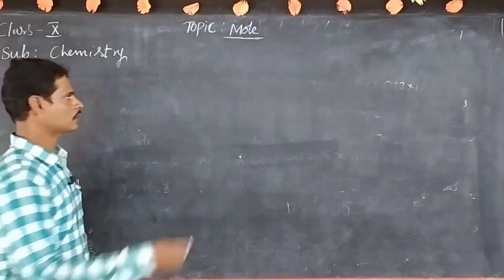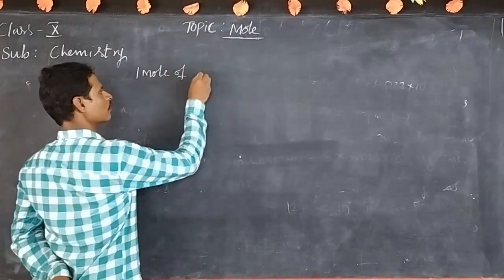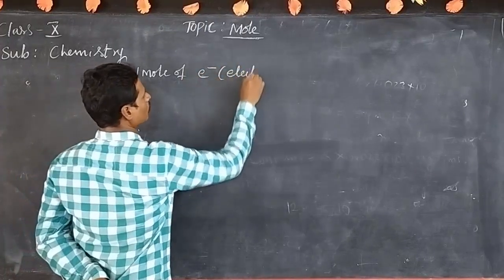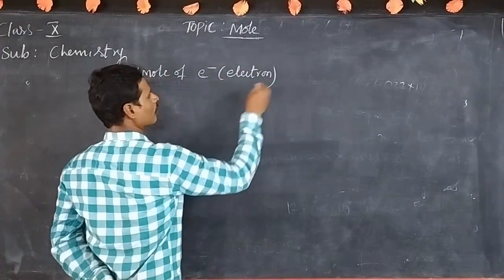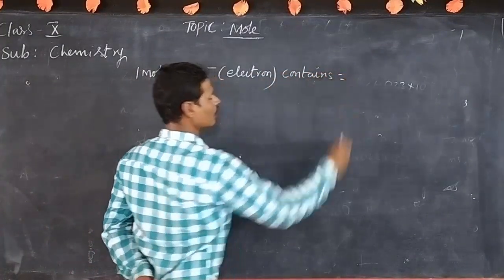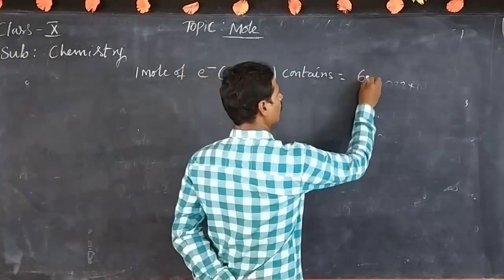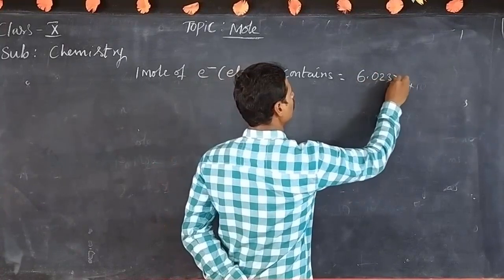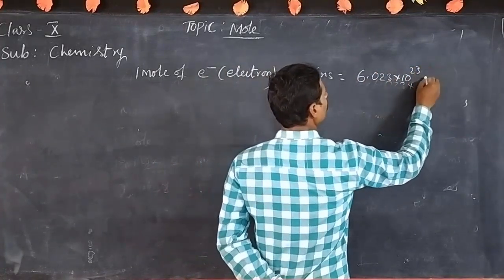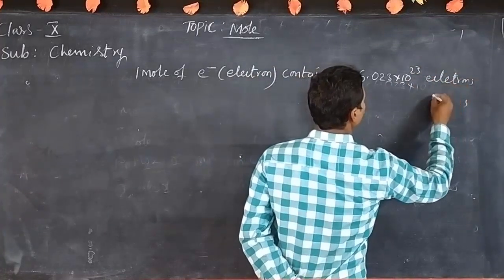Another example. 1 mole of electrons contains how many particles? It is equal to the Avogadro number. What is the Avogadro number value? 6.023 into 10 to the power 23 electrons.